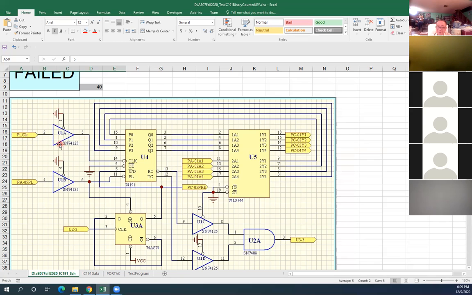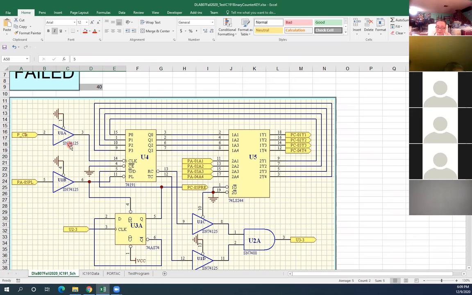So now, if the counting down failed, it can be either U4 or U1A. You get that? However, when you do the test, you understand: if you get a 15, counting down to 14, and it fails, then it is U4 and U1A.